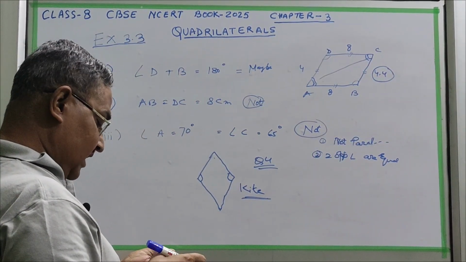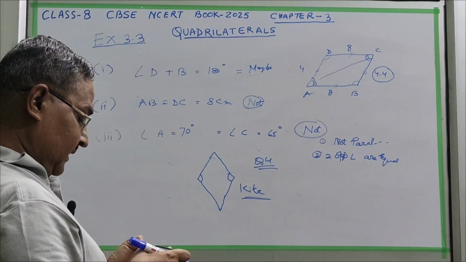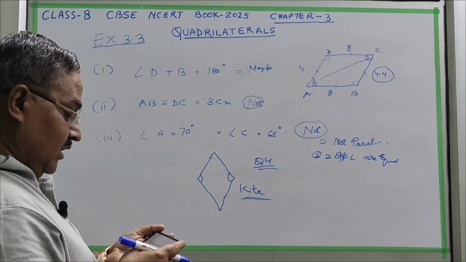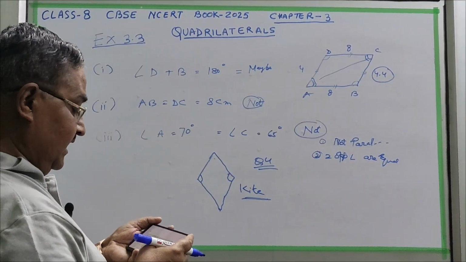Now we will go to question number 5. The measures of two adjacent angles of a parallelogram are in the ratio of 3:2.